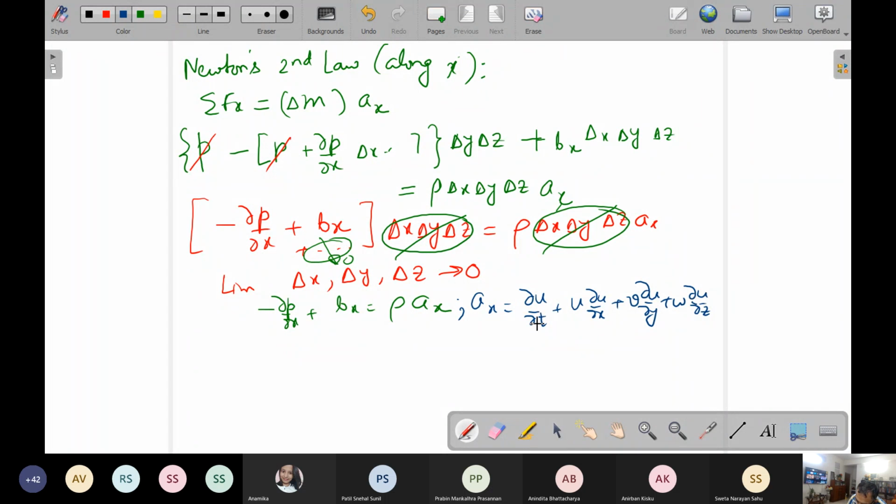So that is why you can see this total derivative appears in the acceleration. So we can reorganize this and write just the right hand side in the left hand and left hand side in the right.